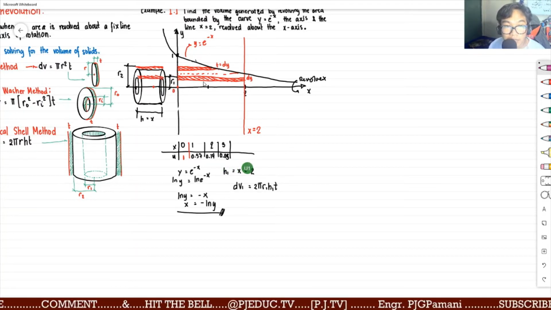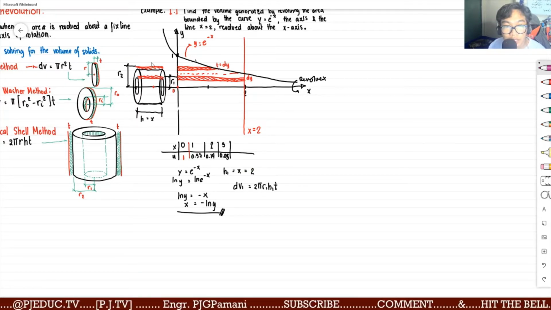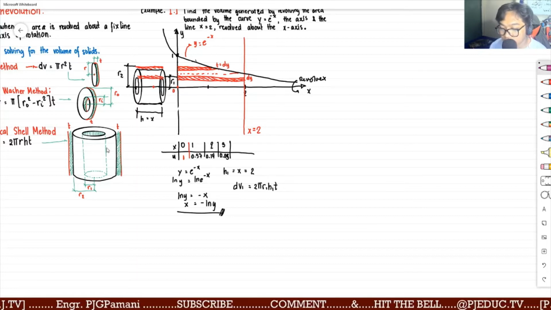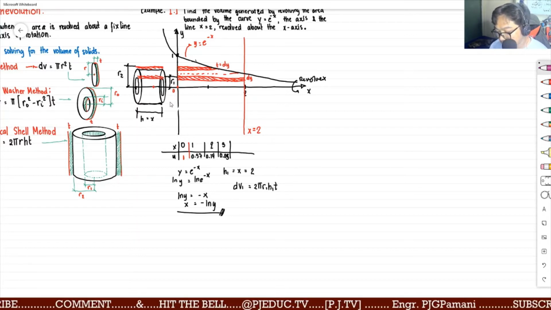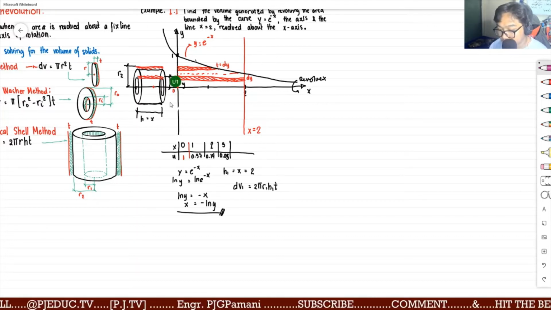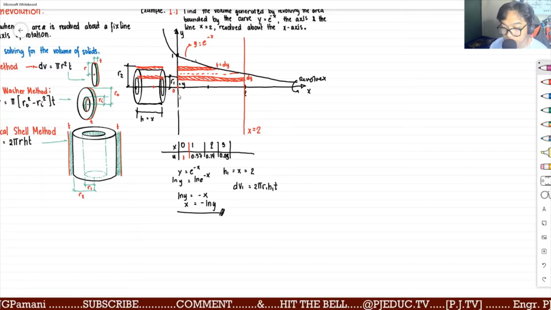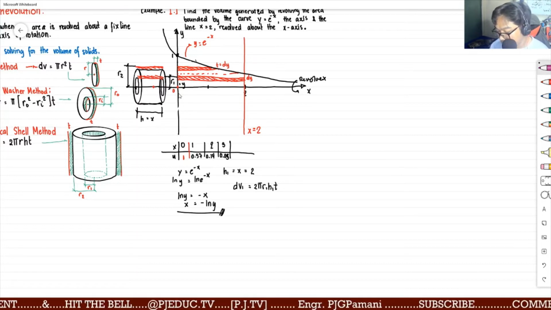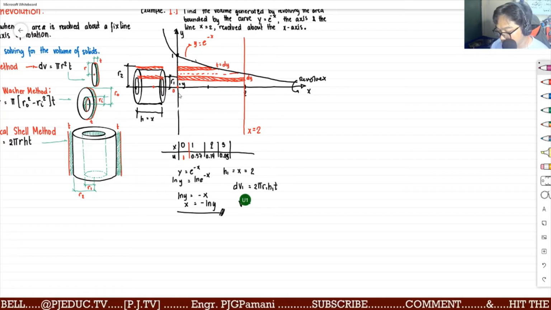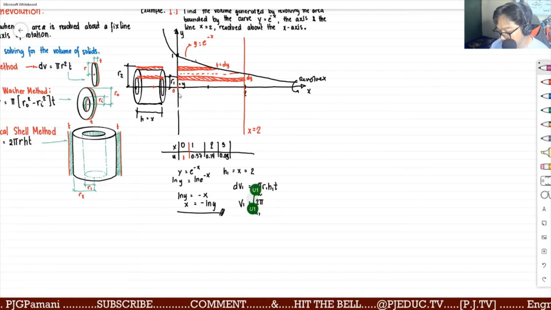Yung radius naman natin, remember that the radius will revolve vertically on the x-axis. So if it is going to revolve vertically on the x-axis, that is simply equal to what? Y. That is simply equal to y. So substitute lang natin, differential volume 1 is equal now to 2 pi, upper limit and lower limit.